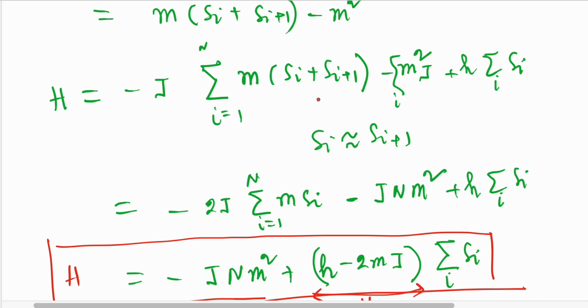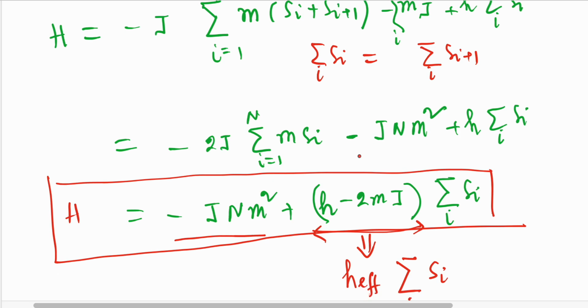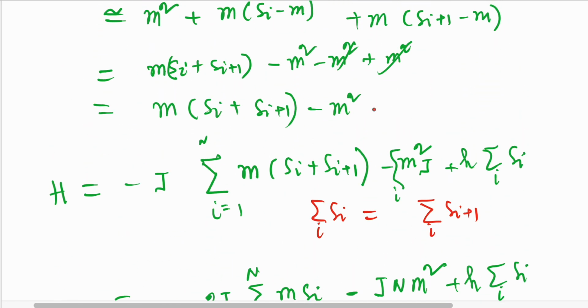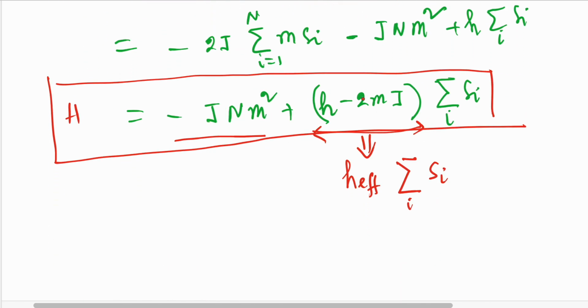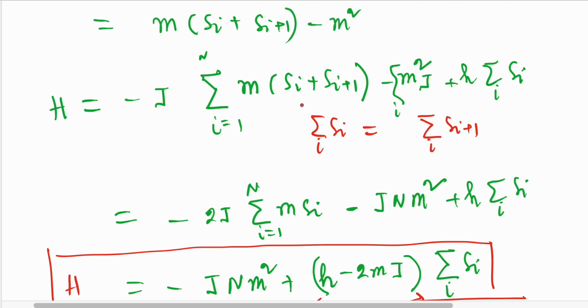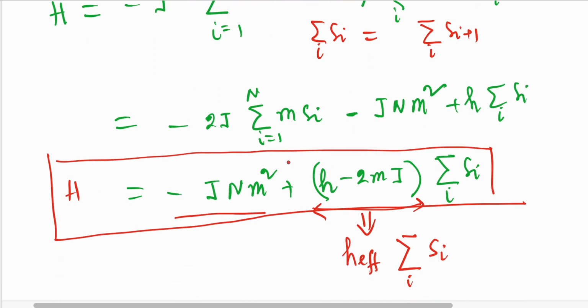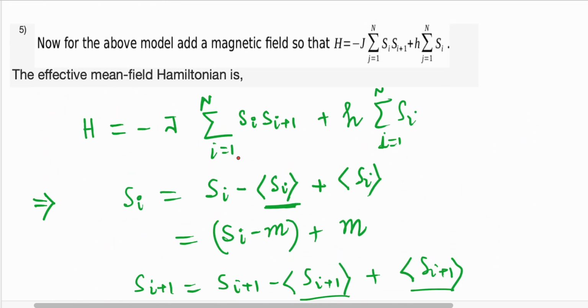It is not an approximation either. Both summations of Si should be the same as of Si plus 1. Whatever you write, either Si or Si plus 1, both summations will give the same result, because the total number of particles N is very large. That's why you can replace Si plus 1 by Si. So this is the mean field Hamiltonian.